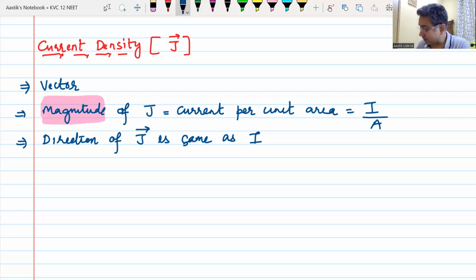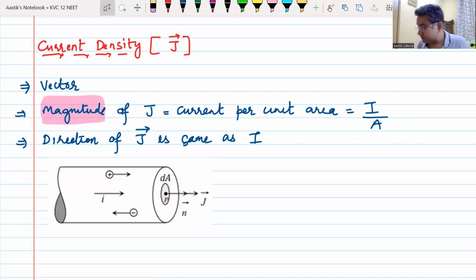Now, in order to understand the vector equation of current density, let us have a look at this diagram that will help you understand current density. I hope you can see this diagram, a very important diagram.